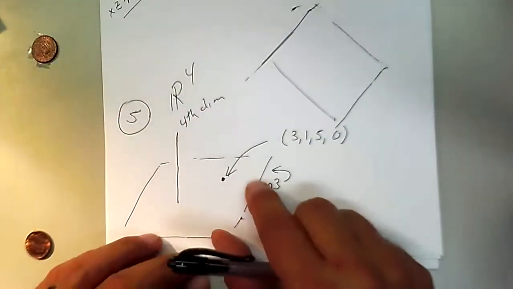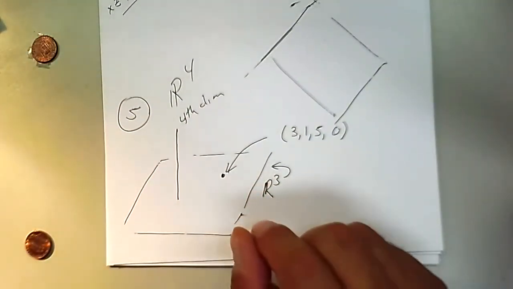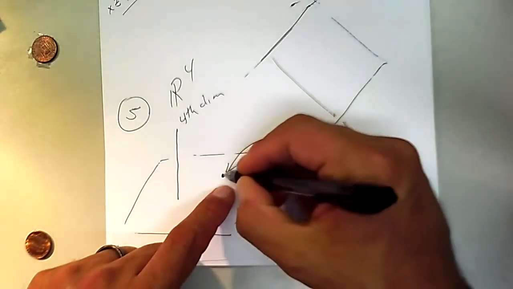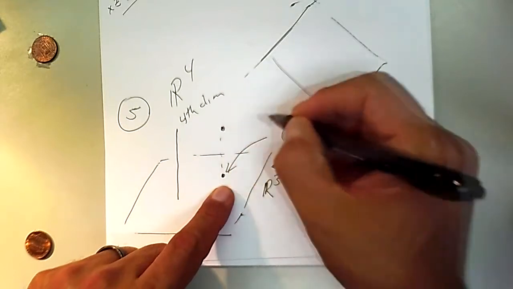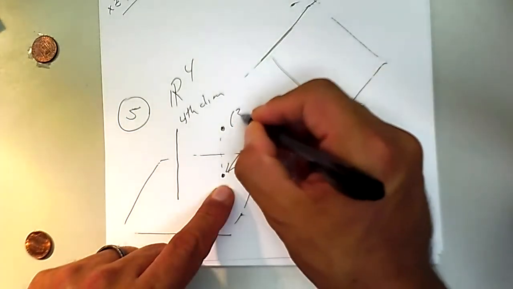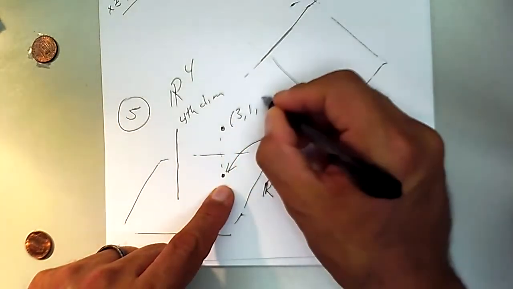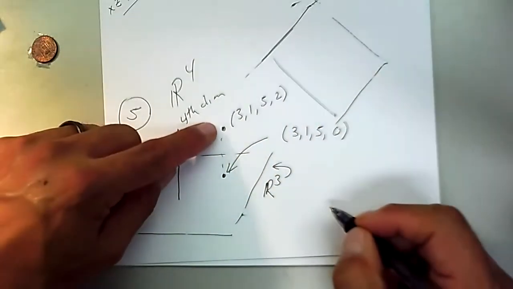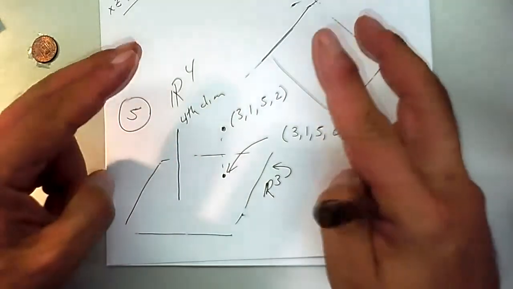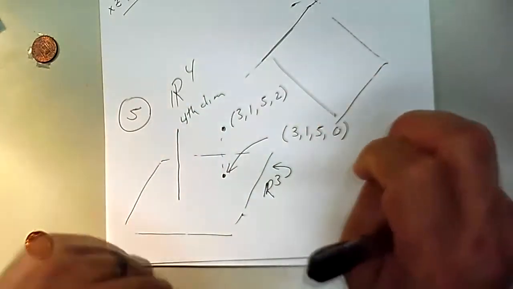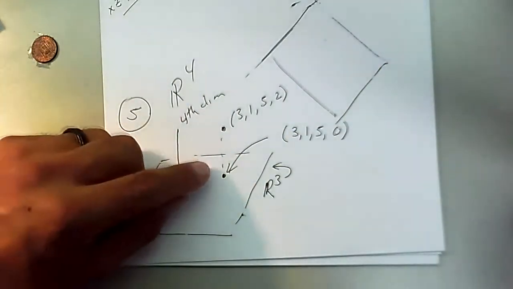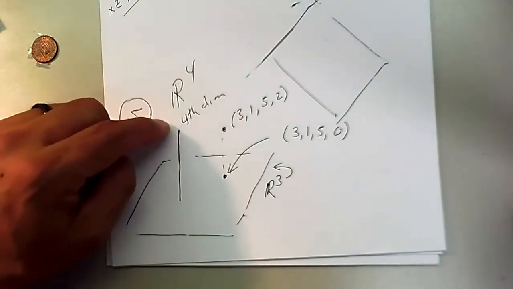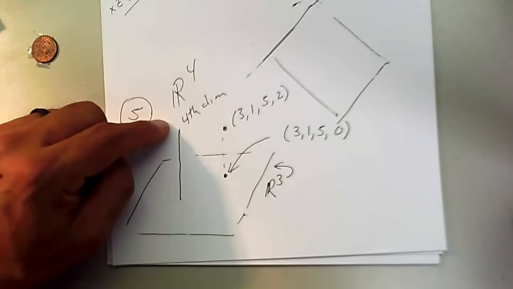So perhaps this is an interesting way to draw pictures in 4 dimensions. And so a point up here, say 3, 1, 5, 2, is 2 units directly above. Notice that I'm using quotation marks when I say above. By above, I mean in the positive direction of this 4th dimension axis.